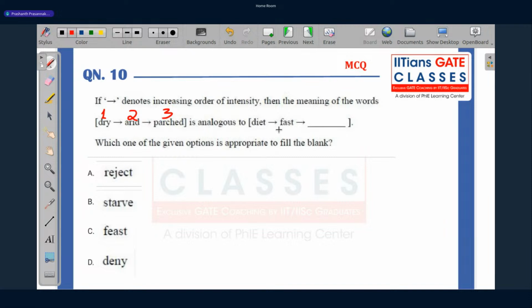Then an even worse kind of dieting, as in we are not eating something for a long time. The word that matches that meaning is starving. These words have to do with eating over here, so we have to choose the option which is related to eating.